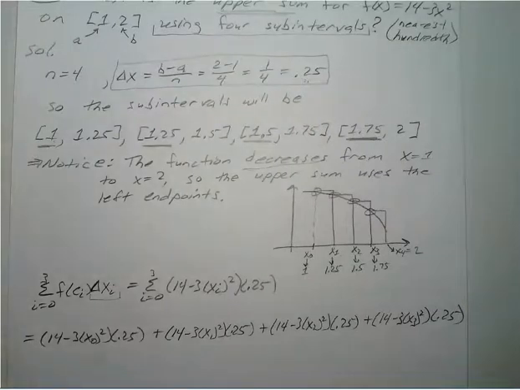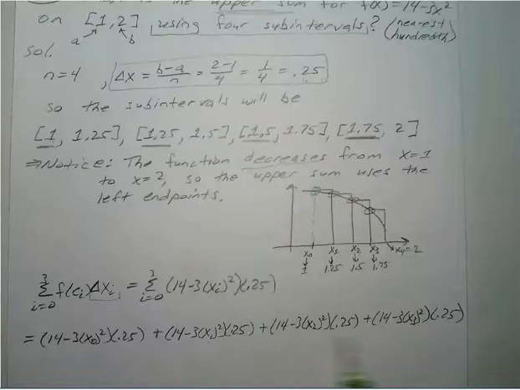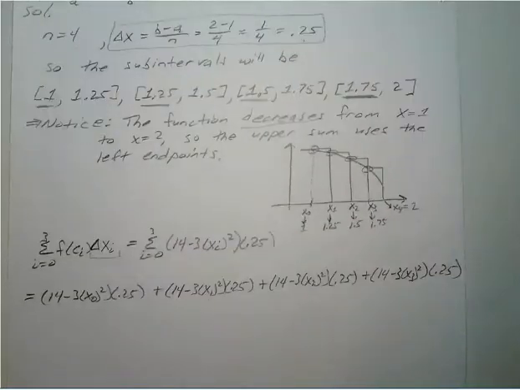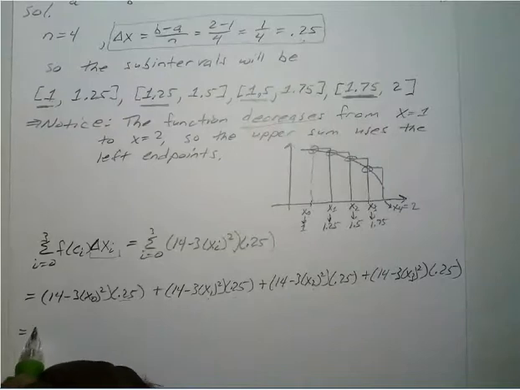Okay, so once again, we just replace the i with 0, 1, 2, and 3. All right, so we're going to go ahead and factor out the 0.25, so we don't have to keep writing that over and over.